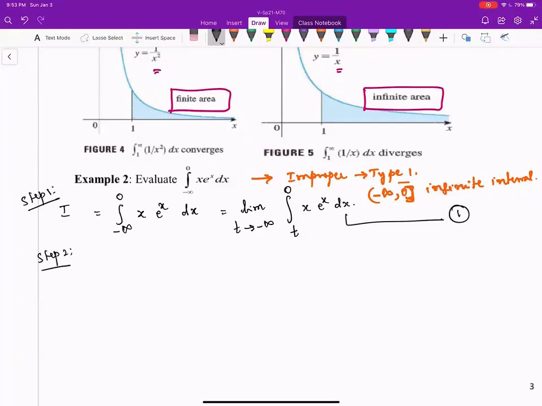Step 2 is to evaluate the integral. In this problem, we are going to consider just this part without the limit. Then we will get to the limit when we get back to step number 1.